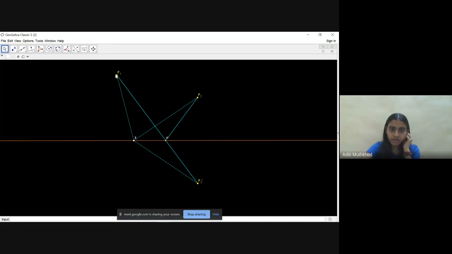Now you compare f1x plus xf2 prime with this length, and as you move x on this line, you see that the distance is always going to be greater than or equal to f1f2 prime. So what we wanted is the minimum value of xf1 plus xf2, and the point which gives the minimum value is p.